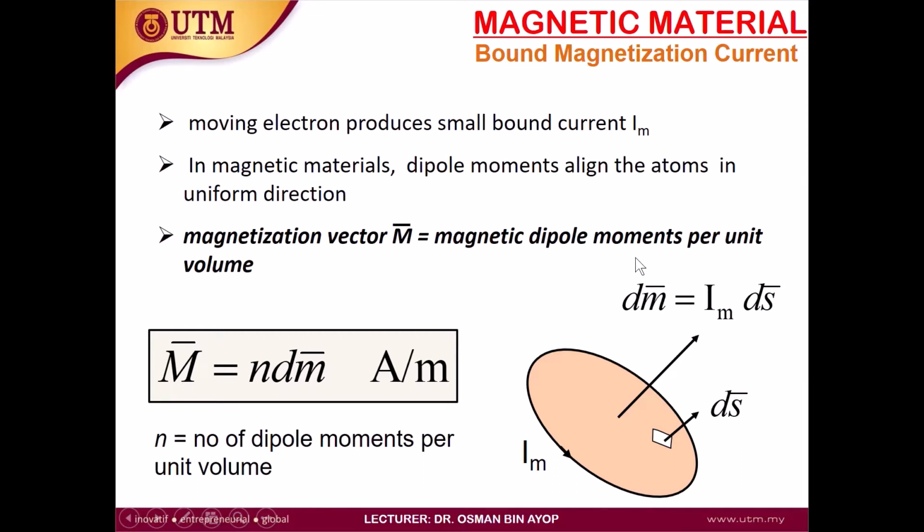So we have a lot of magnetic dipole moments in a certain volume of our magnetic material. We define the magnetization vector M equal to N dm, in ampere per meter, where N is the number of dipole moments per unit volume.